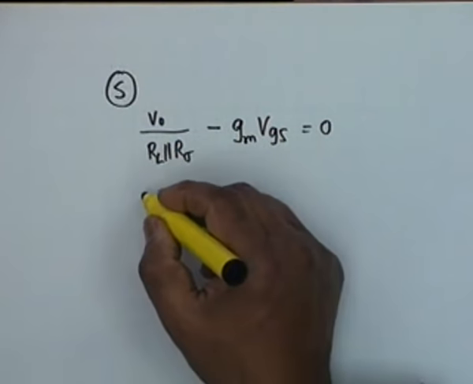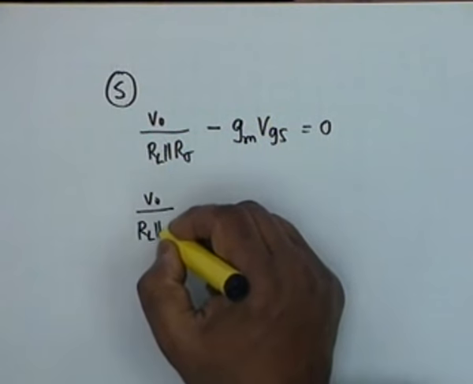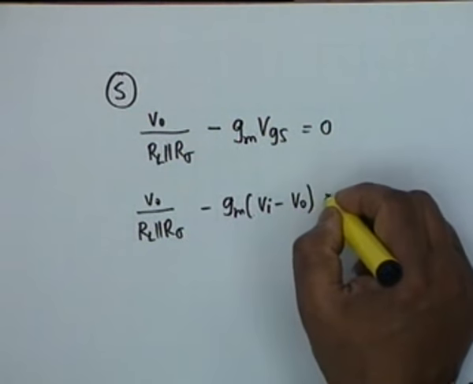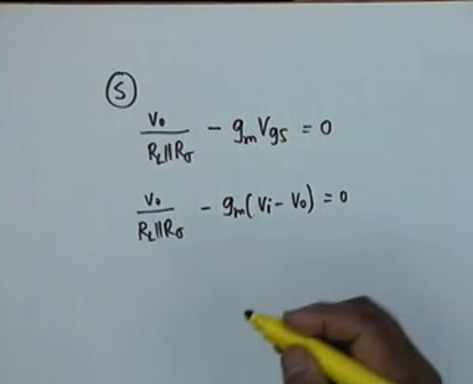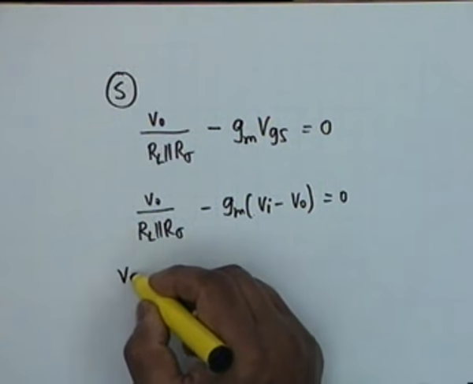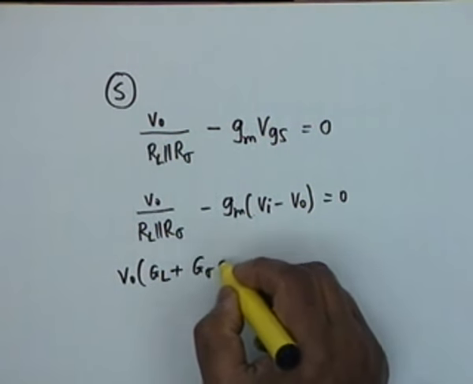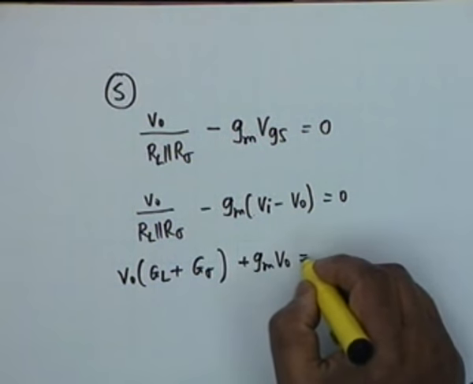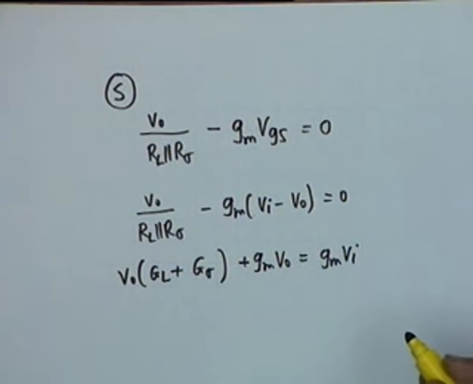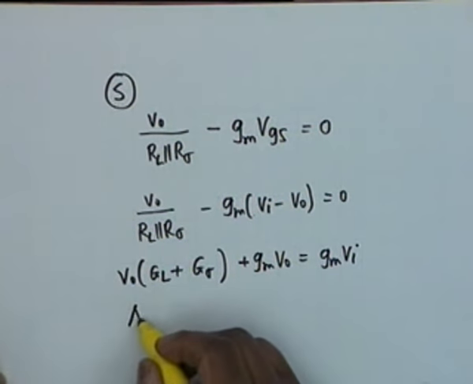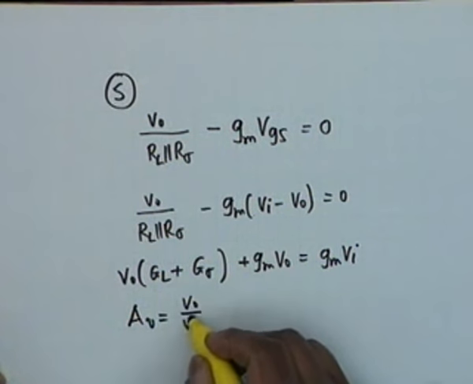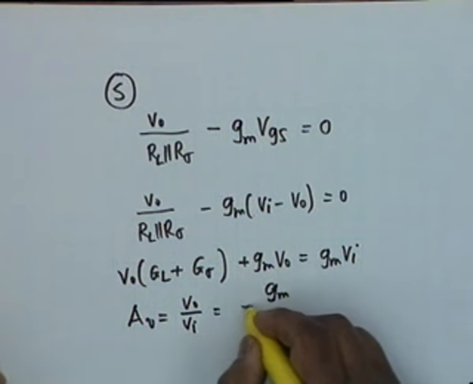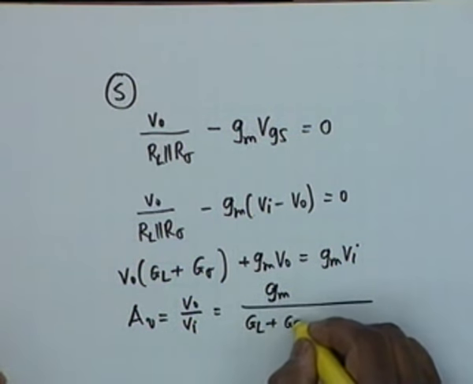But VGS is simply VI minus V0, and to maintain uniformity you can write V0 times GL plus G sigma, plus gm V0, equal to gm VI, and therefore the voltage gain AV, which is simply V0 by VI, would be equal to gm divided by GL plus G sigma plus gm.